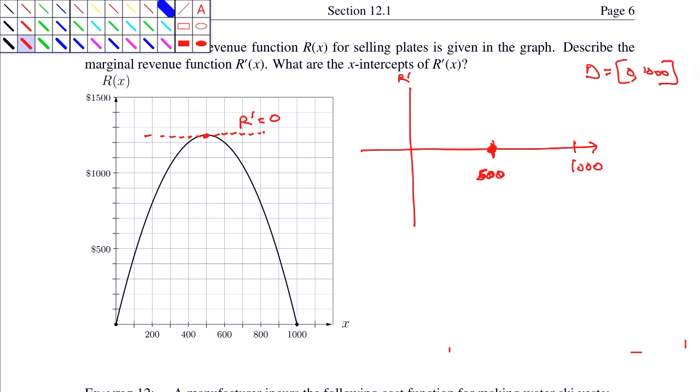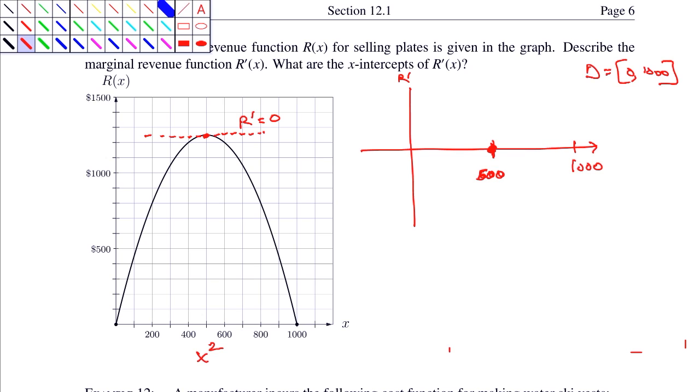What basic graph does this R of x look like? Parabola. If R is a parabola, what is R prime of x? What is it? Yeah, it's just a line. If this in fact is some sort of parabola, that's x squared.